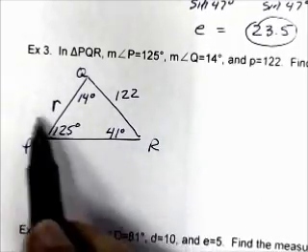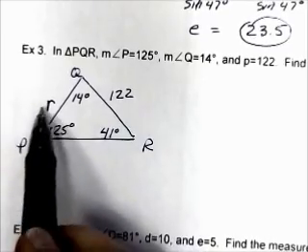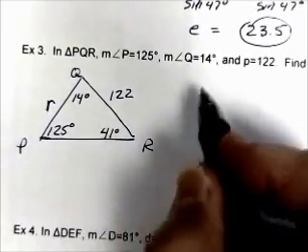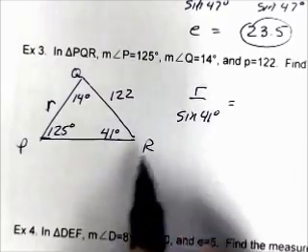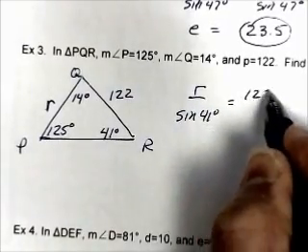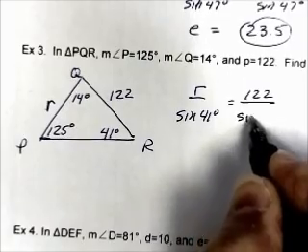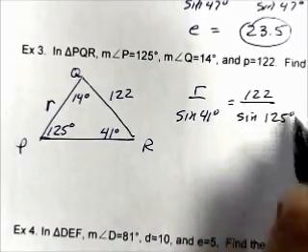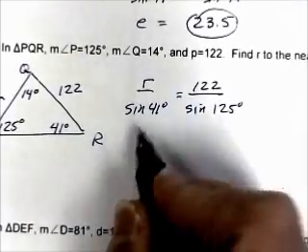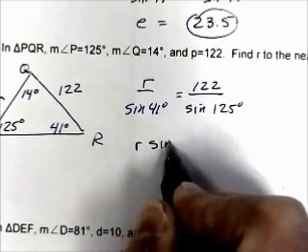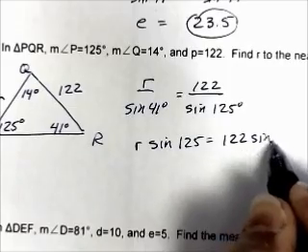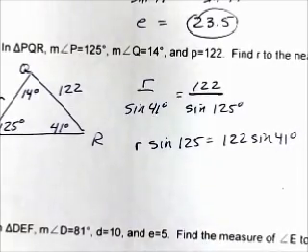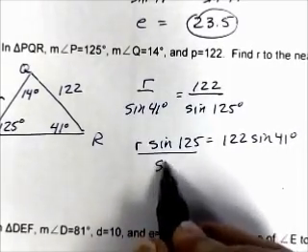Now, set up a proportion using the law of sines. R over sine 41 equals 122 over sine 125. Cross multiply. R times sine 125 equals 122 times sine 41. And divide by sine 125.